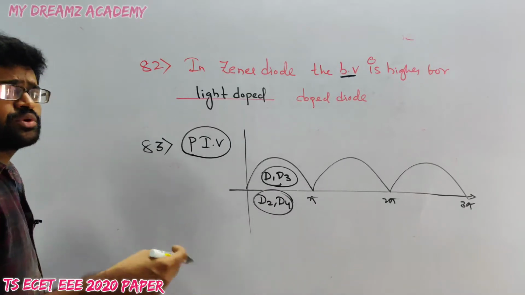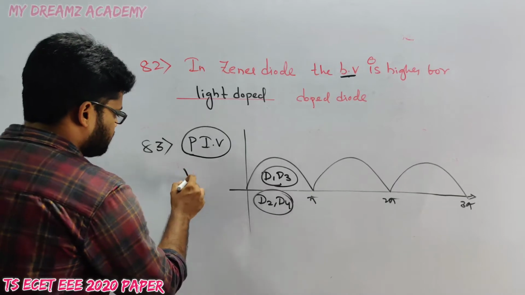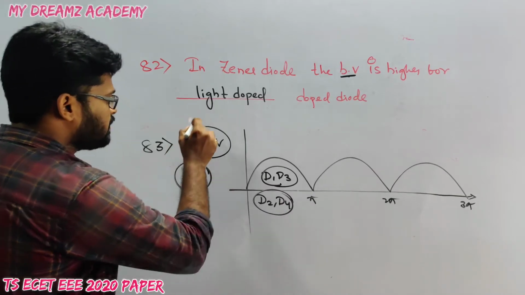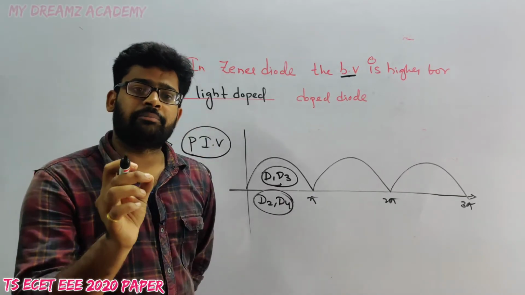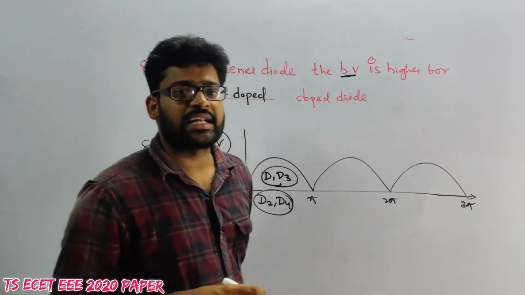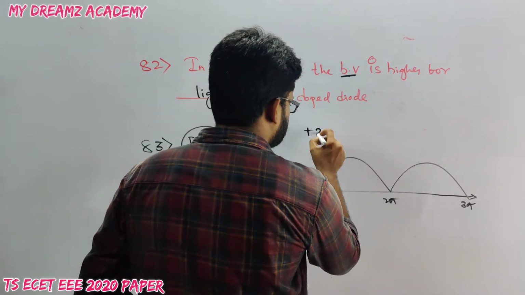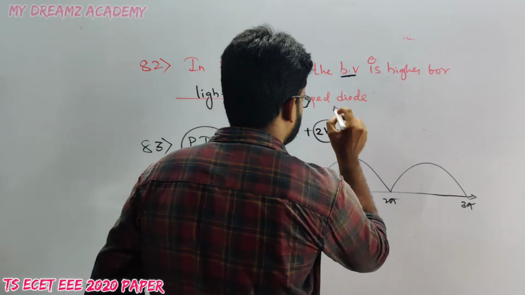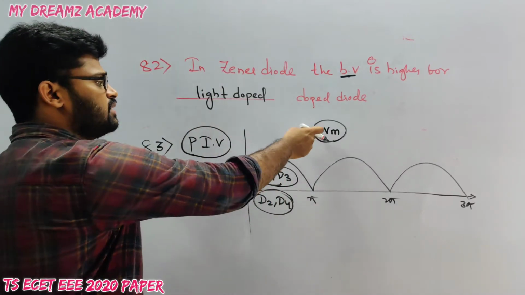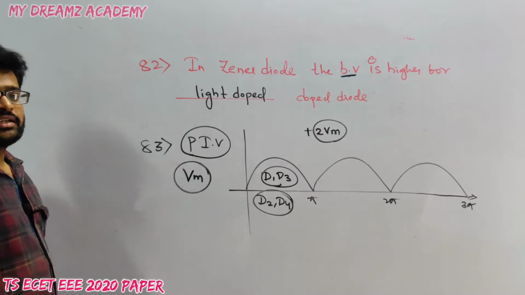So the maximum voltage that we can give to the diodes is Vm. So the peak inverse voltage for bridge rectifier is Vm. If it is a center tapped transformer, for that one it is 2 Vm. Peak inverse voltage for center tapped rectifier is 2 Vm. Bridge rectifier is Vm.